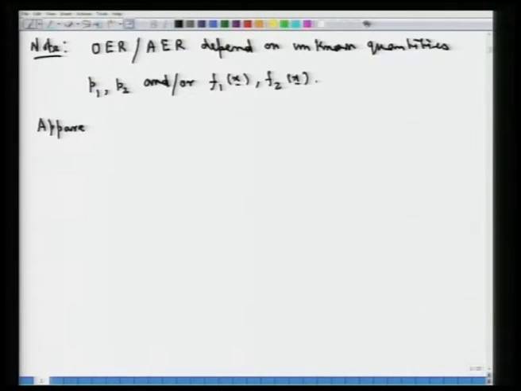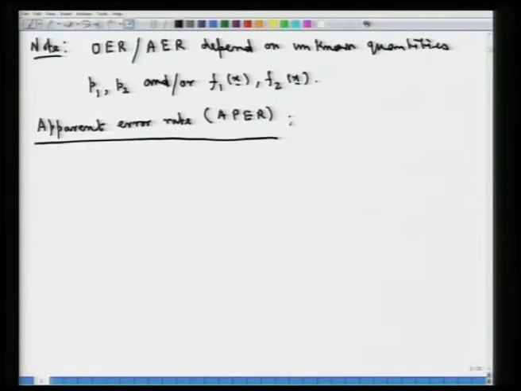Now, a measure that is defined as an apparent error rate or APER, this is a measure that is going to be based on the sample data, and after the classification has been done, one actually would look at the proportion of misclassifications that is being done based on such a measure.